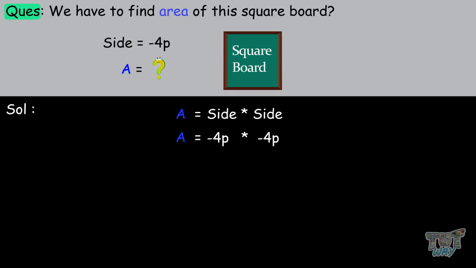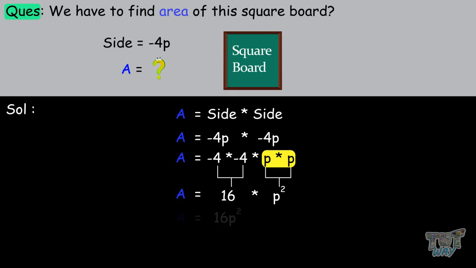First, we multiply the coefficients. So we have to multiply -4 times -4, then we multiply variables, p times p. So we multiply to get 16, because negative times negative is a positive, then p times p is p squared. The answer will be 16p squared. This will be our final area.